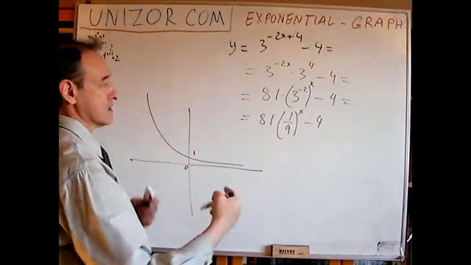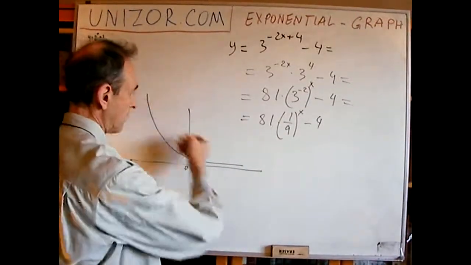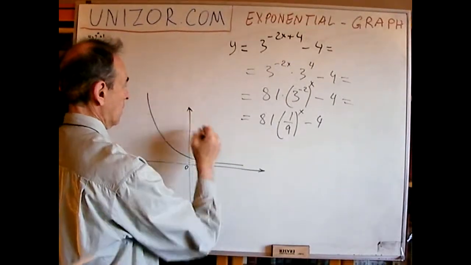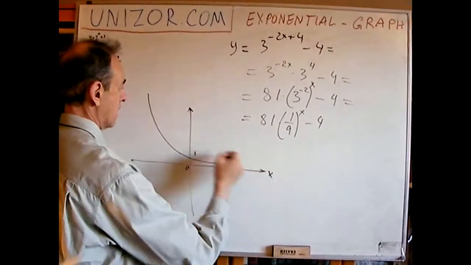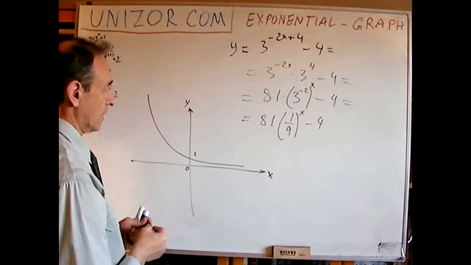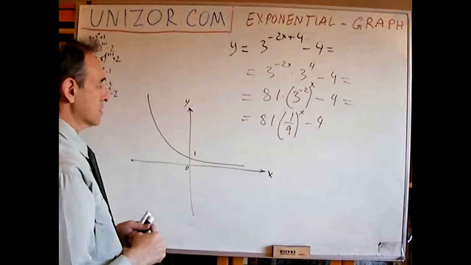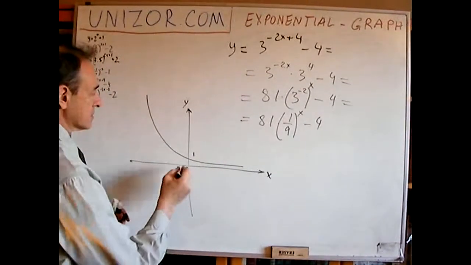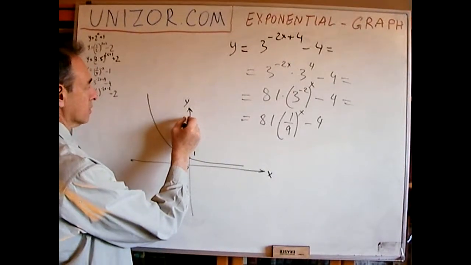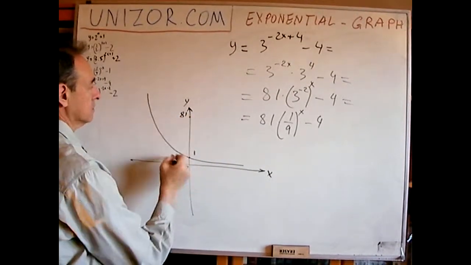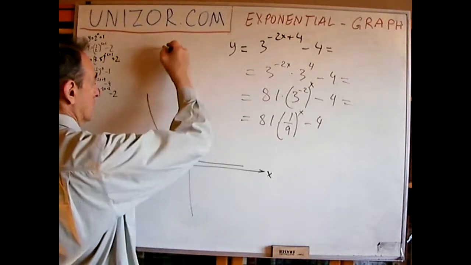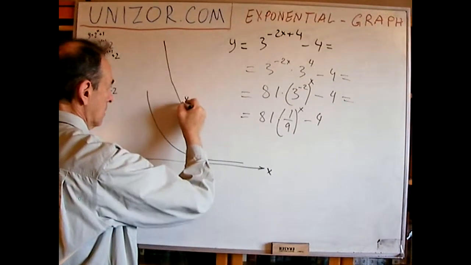Since 1/9 is a base less than 1, the graph would look this way, asymptotically approaching the x-axis as x is increasing to infinity. Now I have to multiply it by 81, which means instead of going through the point 0, 1, it will go through point 0, 81. So it would be something like this.